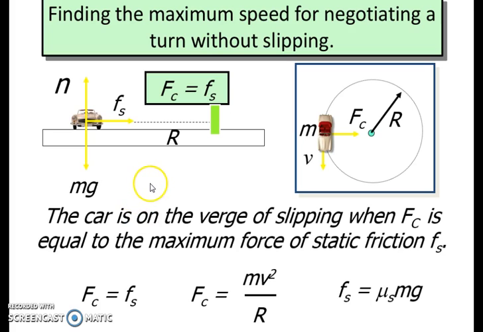So how do we find the maximum speed for negotiating a turn without slipping? Our centripetal force is equal to our static friction. The car is on the verge of slipping when the centripetal force is equal to the maximum force of static friction. So we have our three equations here. Static friction, again, is the coefficient of static friction times the mass times g, which is 9.8.